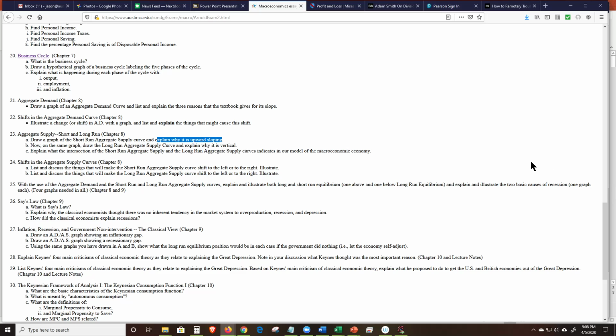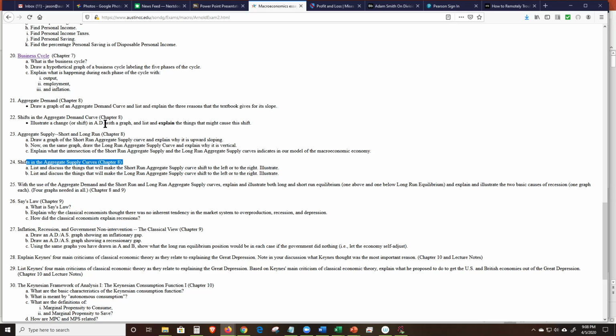Here we go. Good. So basically, we took a look at the aggregate supply, short and long run, and now we take a look at shifts in the aggregate supply curves, long and short run. And just like we put together aggregate demand and shifts in aggregate demand.